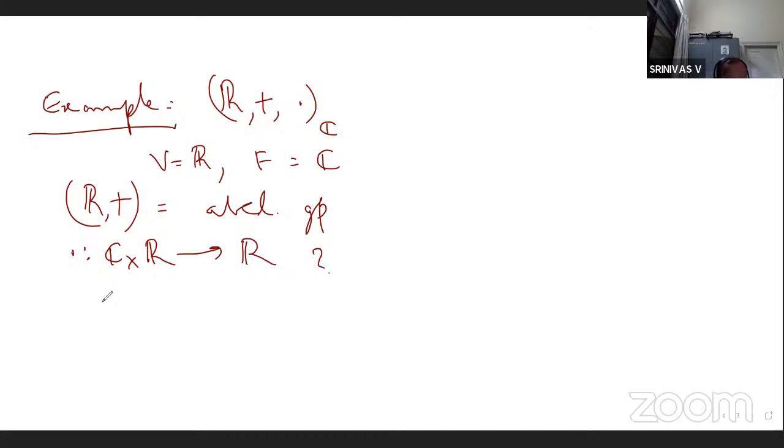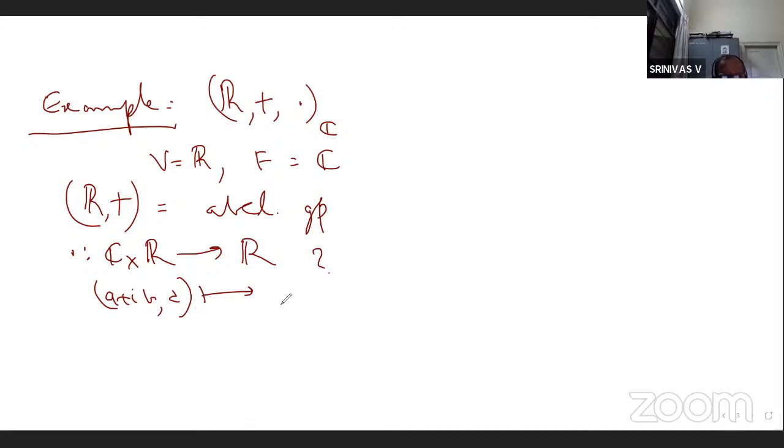So I want to multiply a complex number a plus ib, and here I will take a real number c. c is coming from R, a plus ib is coming from C. a and b are real numbers. So a plus ib is a complex number. I want to define this into R if possible.